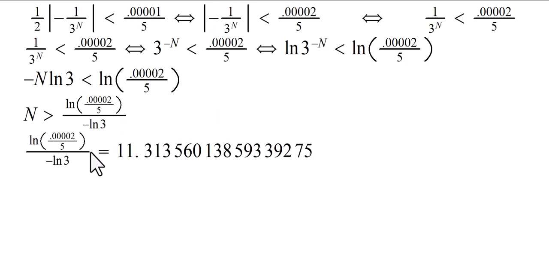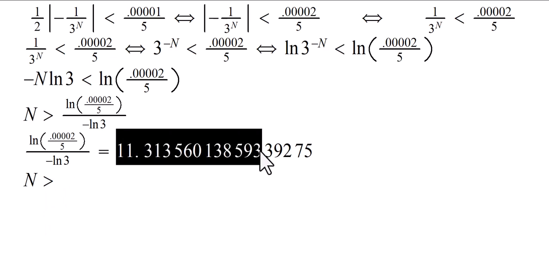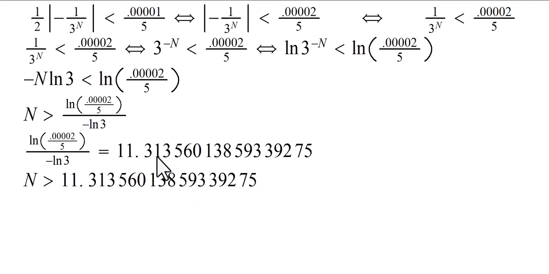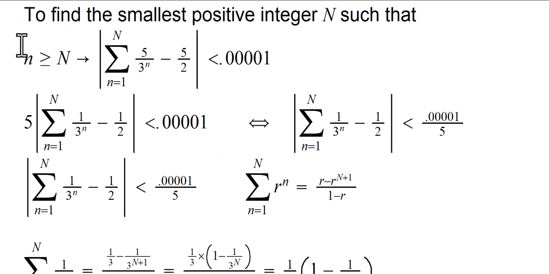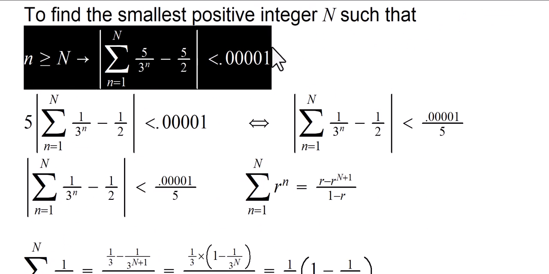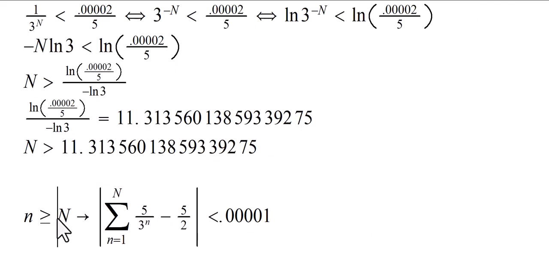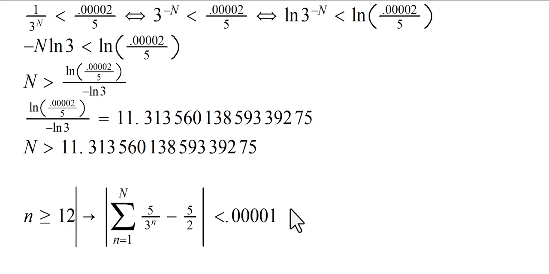So n has to be greater than how much? 11.3135, etc. So the lowest value that we get for capital N to satisfy this criterion is that n has to be greater than or equal to 12 for this inequality to be true.